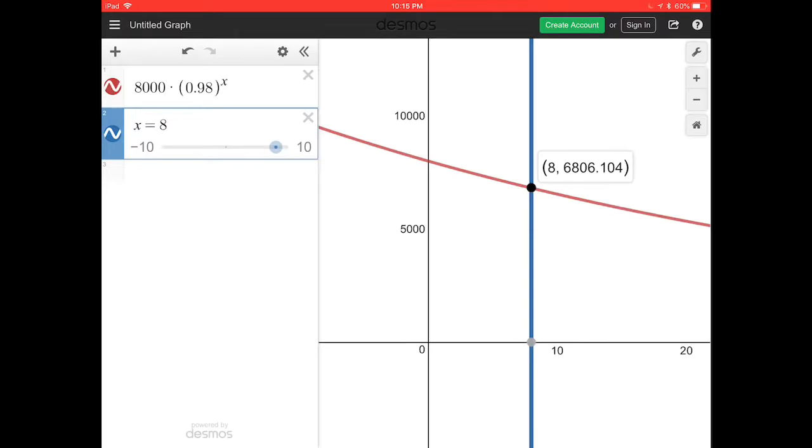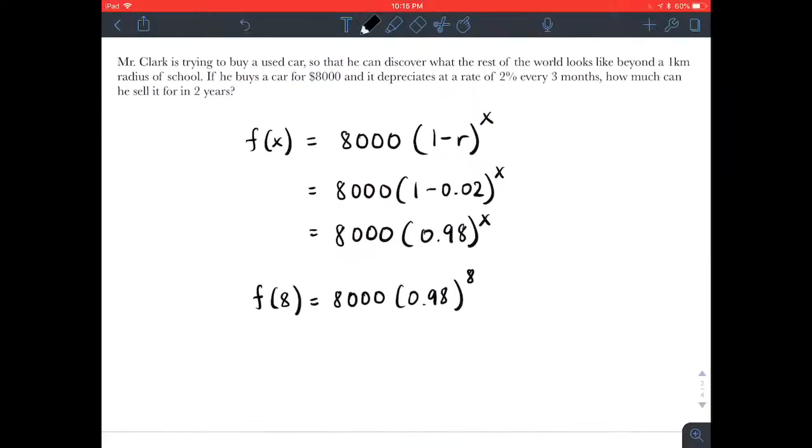You can see that the value of the car has gone down from 8,000 to 6,806. So we get f of 8 is approximately equal to $6,806. So hopefully I would try to sell it for at least this much money. Hopefully more, so that I can make a profit.